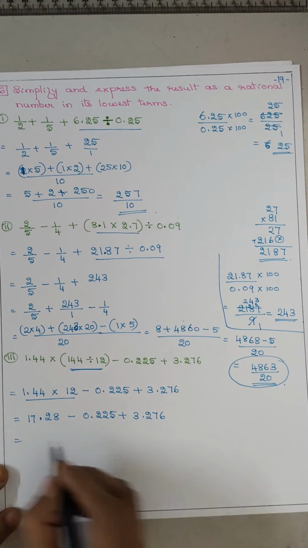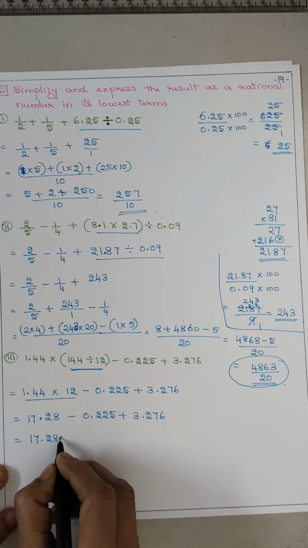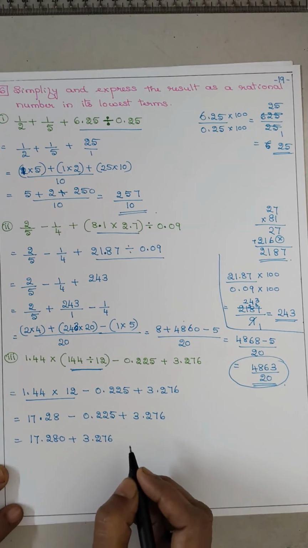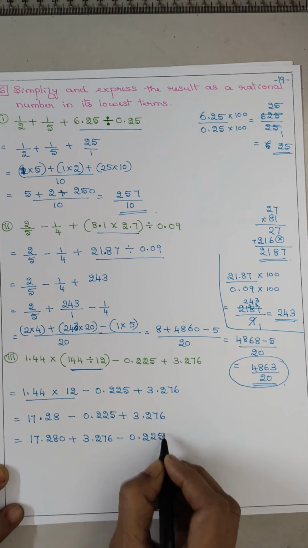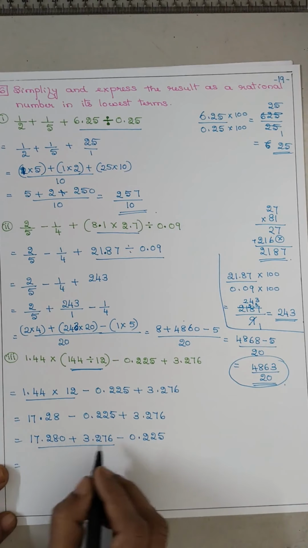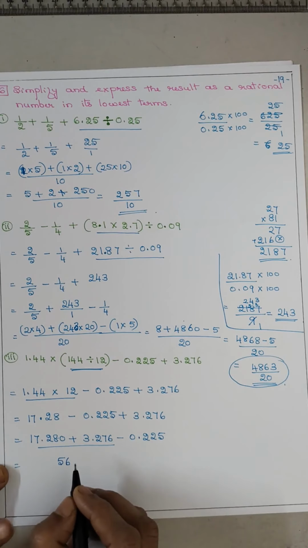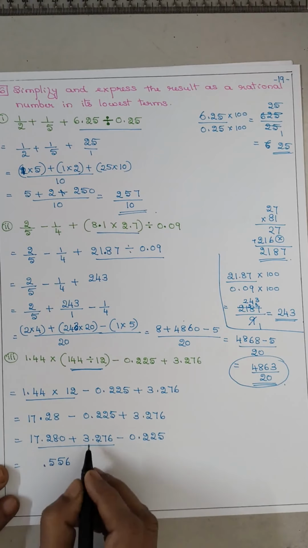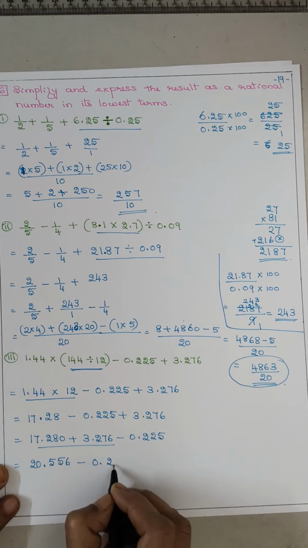Now rearrange. ये पहले आने का है लेकिन 3 डेसिमल, सो 280 प्लस 3.276 माइनस 0.225 अंडरलाइन एडिशन. So 0 plus 6, 6, 8 plus 7, 15, 1, 2, 3, 4, 5, 17 plus 3 is 20 minus 0.225.